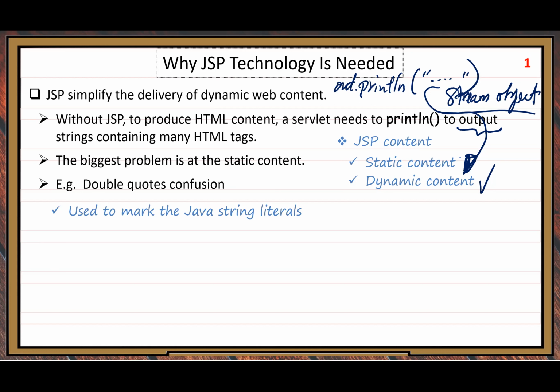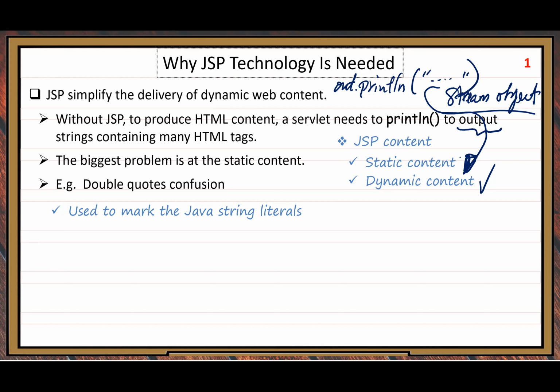The first one: double quotes are used to mark Java string literals. When you define a Java string literal, you use double quotes.